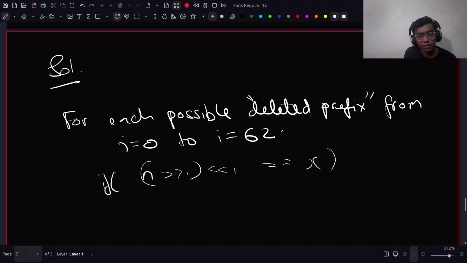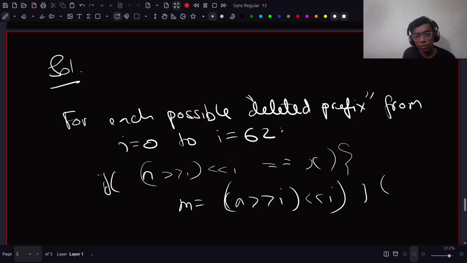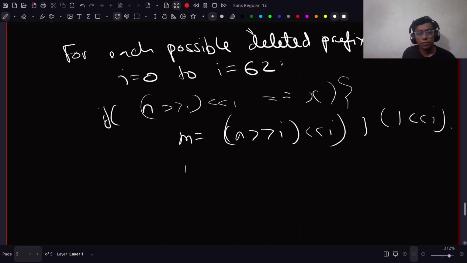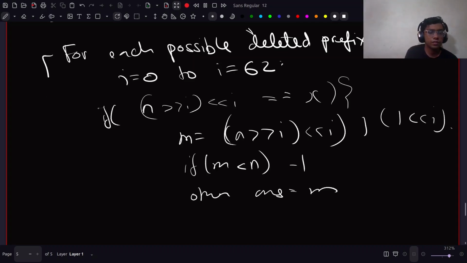If this is equal to x, we'll find our m as this value or 1 left shifted by I, right? And then if m is less than n, the answer is -1, otherwise the answer is equal to m, right? So this is basically the solution.